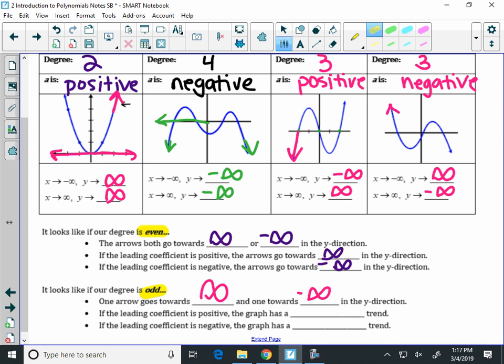If I have a positive leading coefficient, I say if I were to draw a line between those two arrows, my graph has a positive trend. All right, so that means it starts low and ends high. That's a positive trend. If I have a negative leading coefficient, I can say I start high and end low with a negative trend.